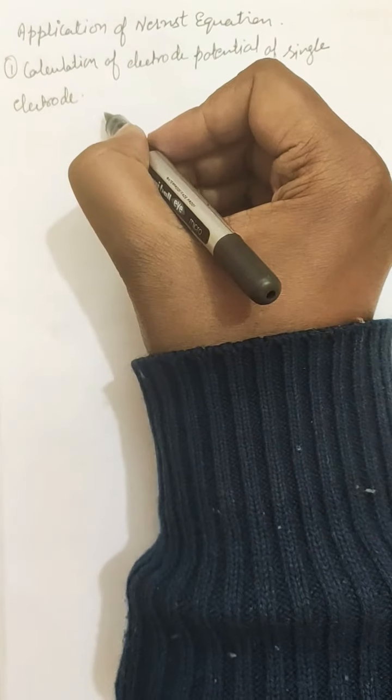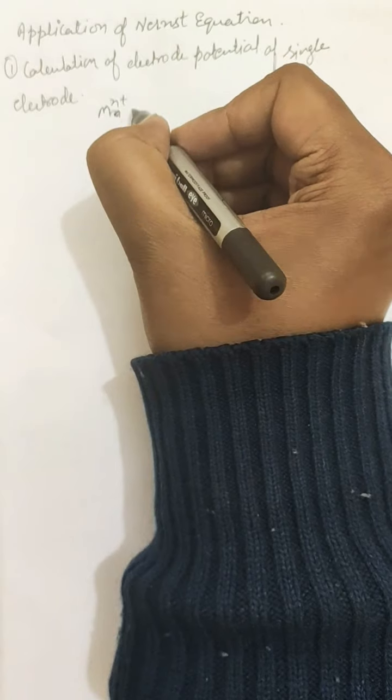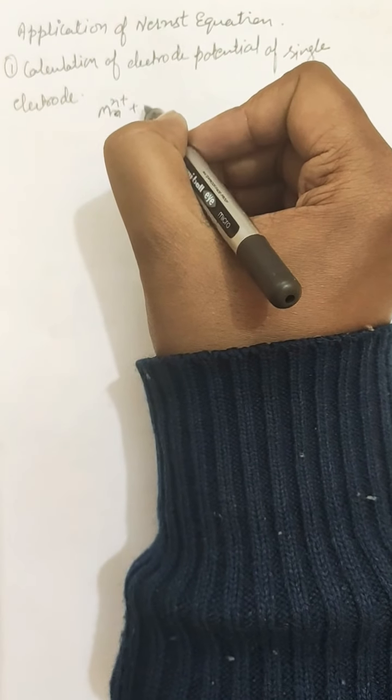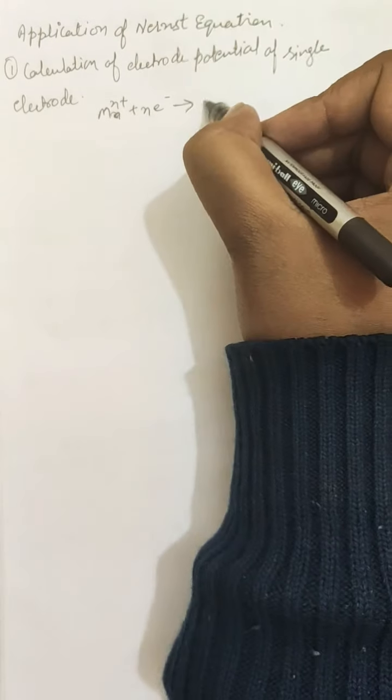For a general reduction reaction, for example, for M^n+ cation, n electrons are coming and reducing it to M, that is the metal. So the Nernst equation can be written in two ways for the above reaction.